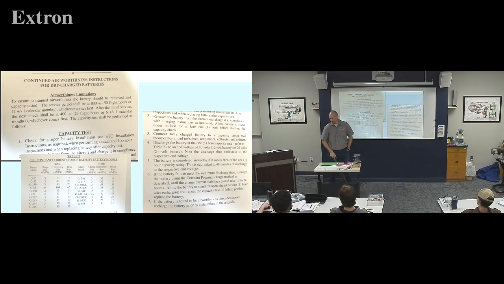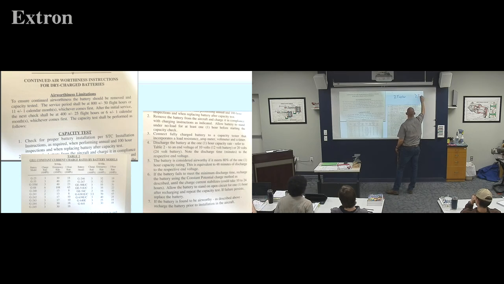And they do the math for you and basically say, hey, if this was a, let's go with 35 just for the fun of it. If it's a 35 amp hour battery and we're discharging it at 23 amps, theoretically it's going to need to last more than an hour, right?